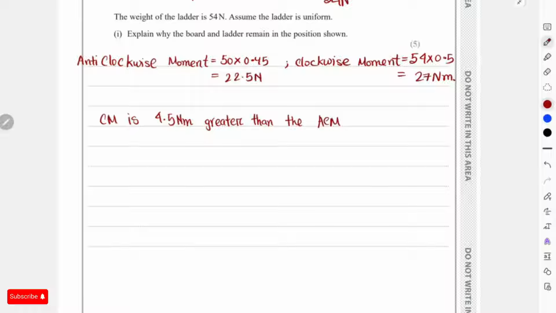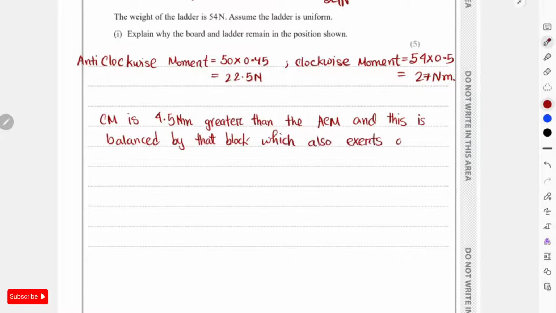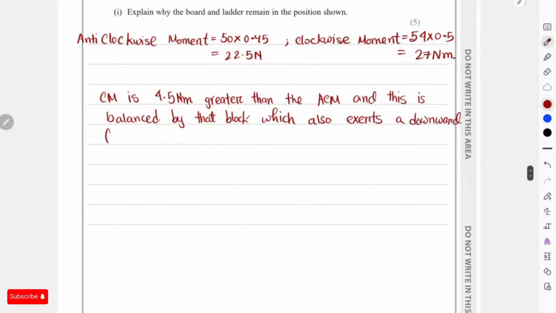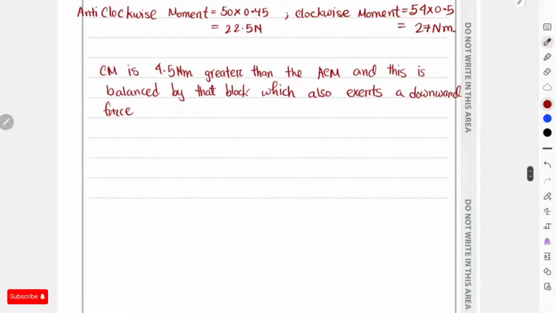Then this has to be balanced by that block, which also exerts a downward force, which causes a moment in the anti-clockwise direction.